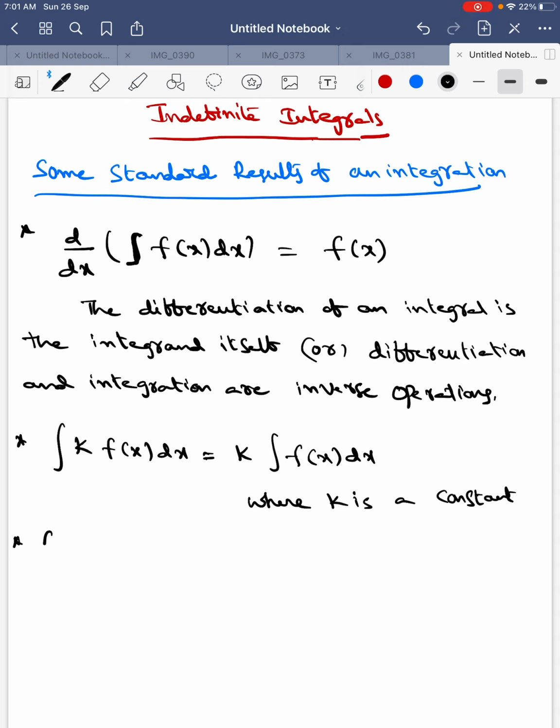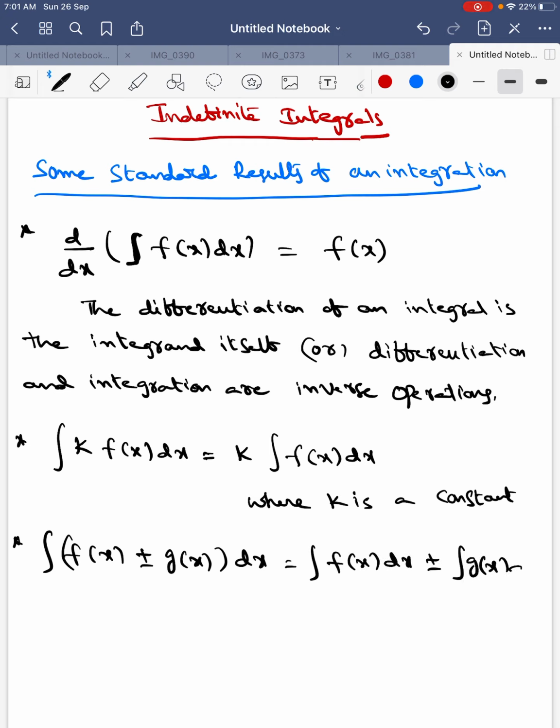Next form, the integral of f of x plus or minus g of x dx is the integral of f of x dx plus or minus the integral of g of x dx. These are some standard results of integration.